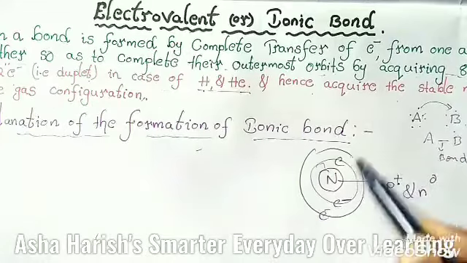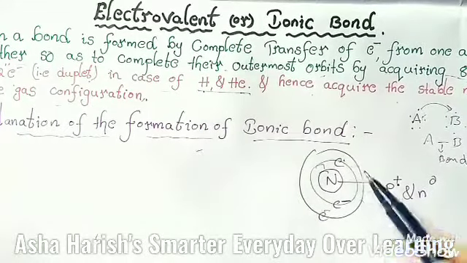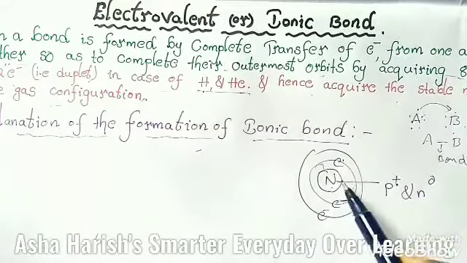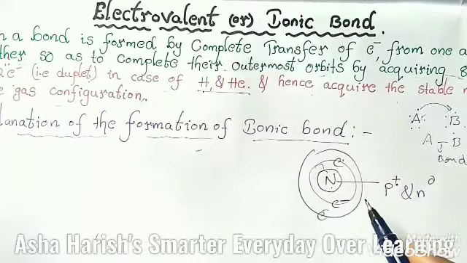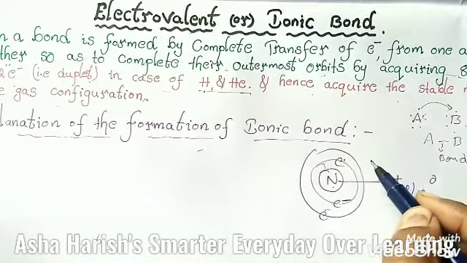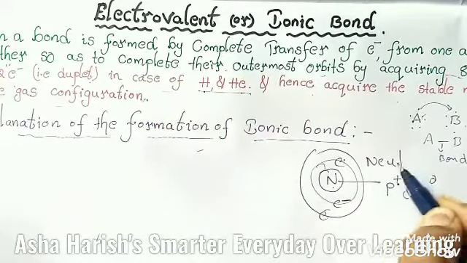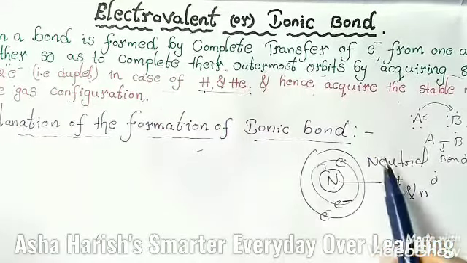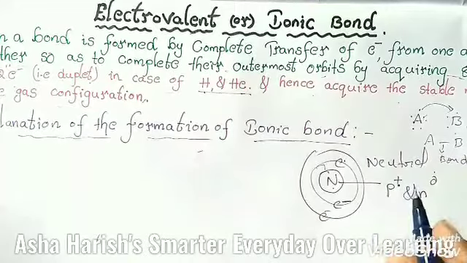There must be attracting forces between the electrons and the nucleus. Due to these forces, atoms are electrically neutral. Therefore, they possess an equal number of protons and electrons.